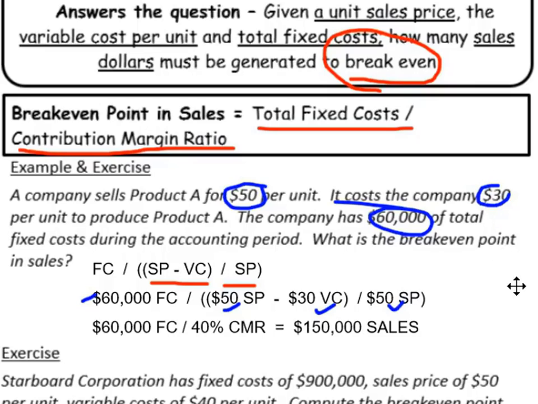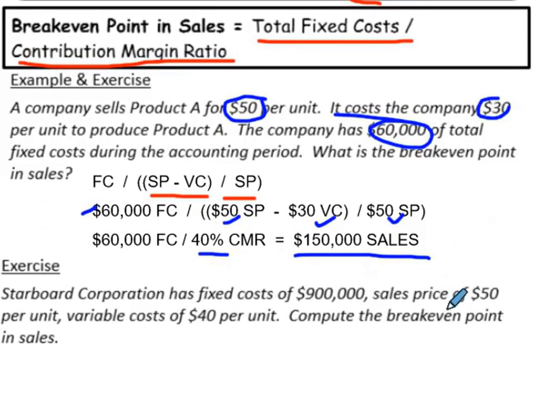When we perform that, we get $60,000 of fixed costs divided now by our contribution margin ratio of 40%. And what that tells us is we have to generate $150,000 worth of sales in order to break even.